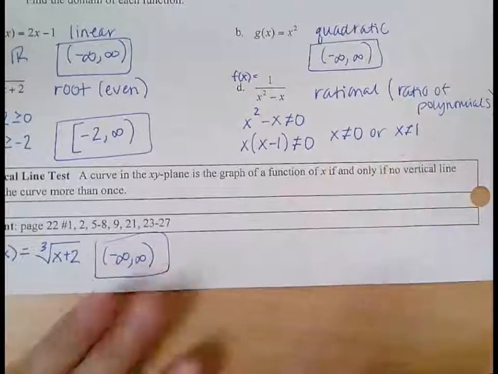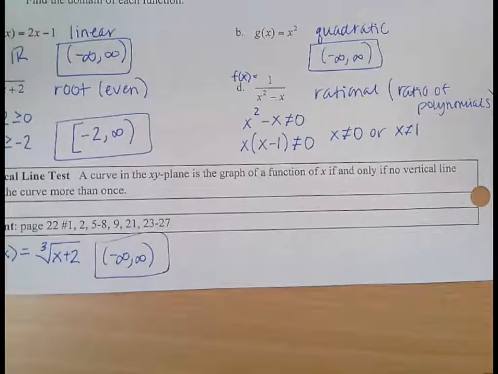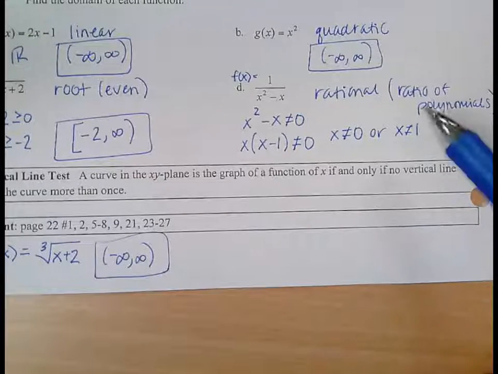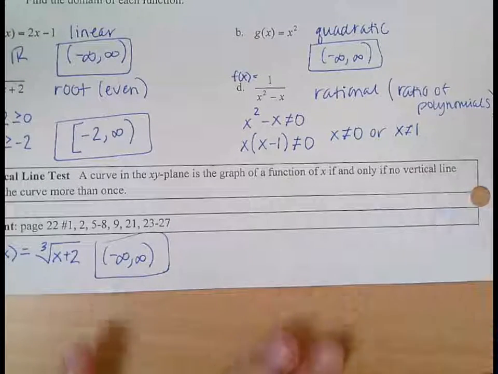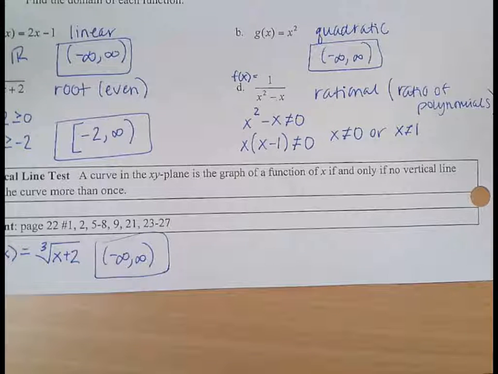Okay, so then if I want you to write the domain in interval notation, basically the domain is all real numbers except for 0 and 1. So how to write that? That means I can have every number from negative infinity up to 0, any number in between 0 and 1, and any number greater than 1. So I have 3 intervals.